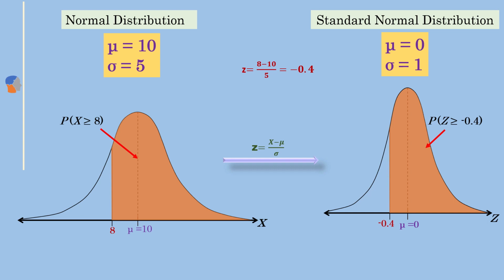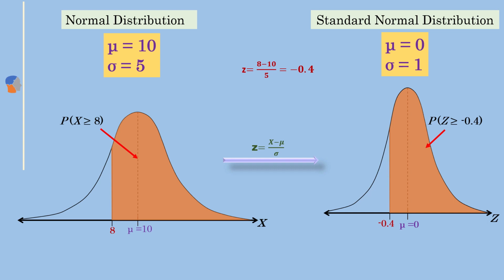No, because first step find the corresponding z value. Then second step we need to check if we have the area left to the z value, right? But here we have area right to the z value.